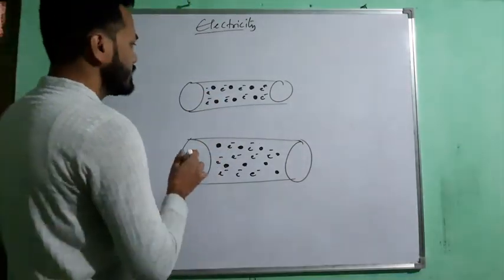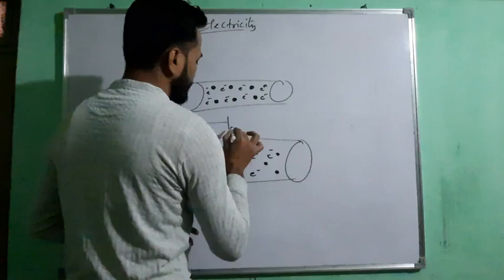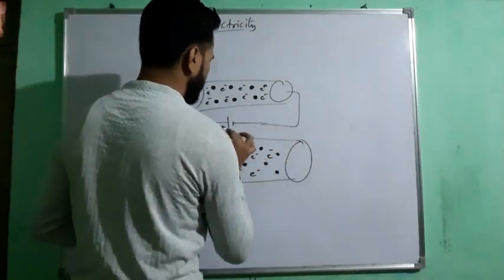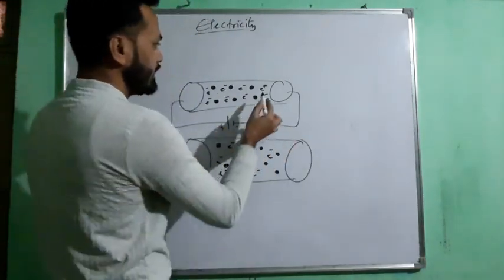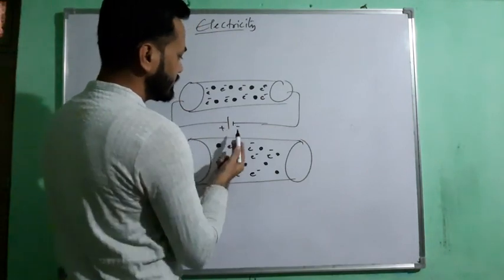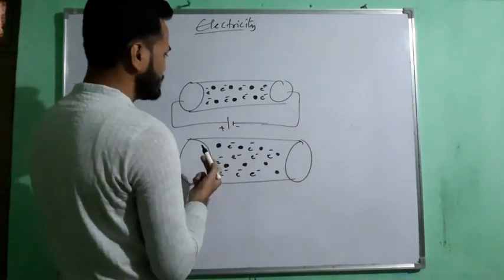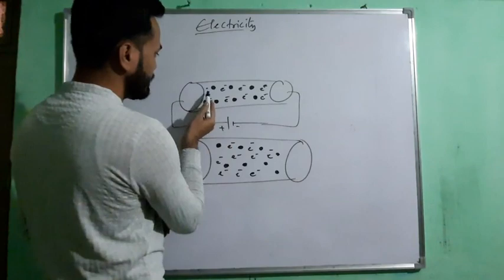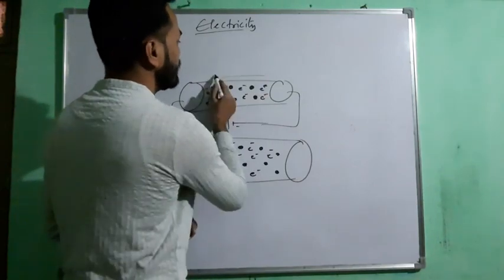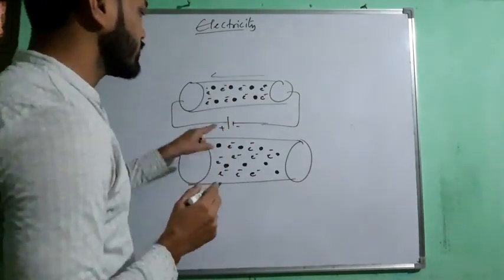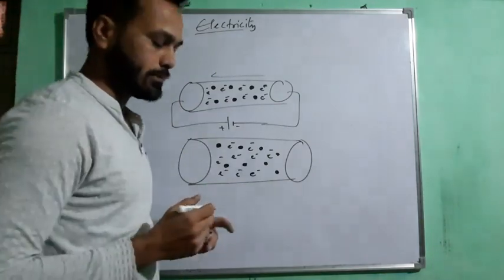Have a look here. When I connect a cell here, see, electrons are negative and this is a negative terminal. So negative repulsion occurs. At the same time, plus and minus attract. So this is how electrons start to flow from the negative terminal to the positive terminal.